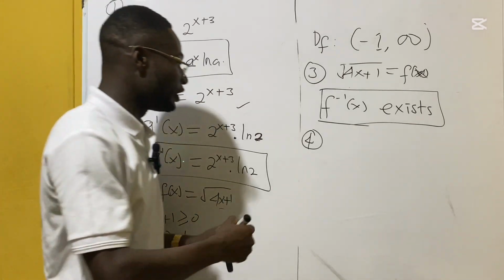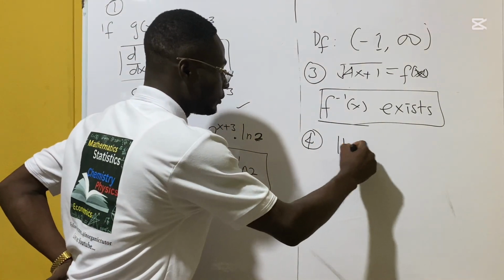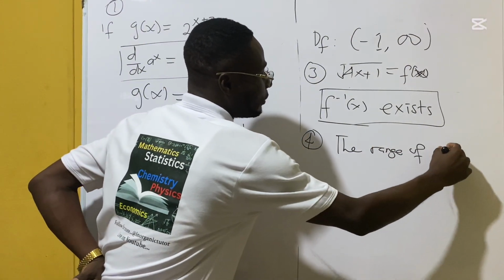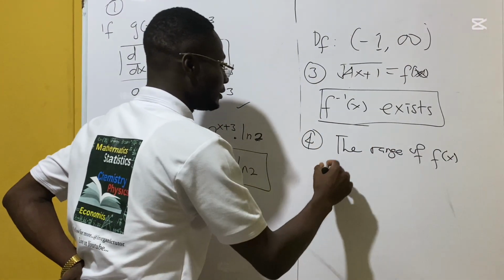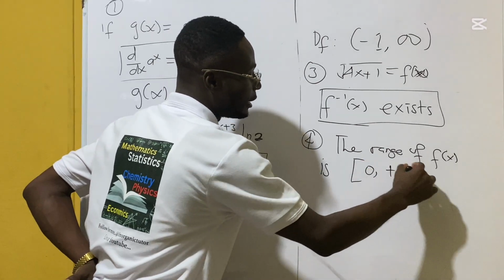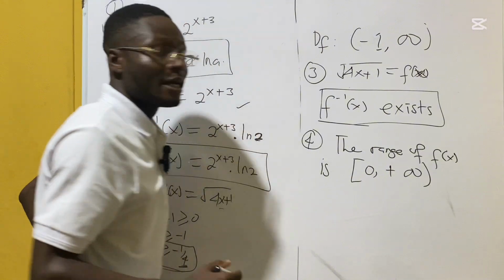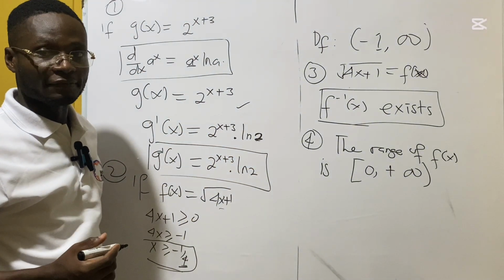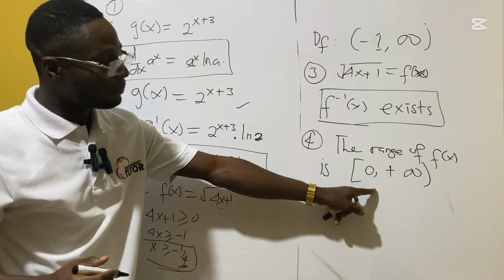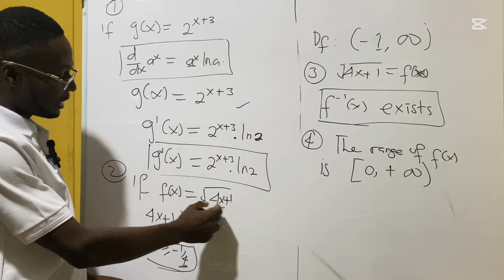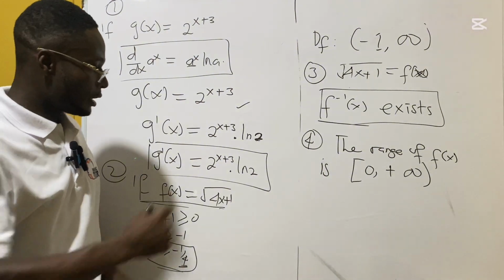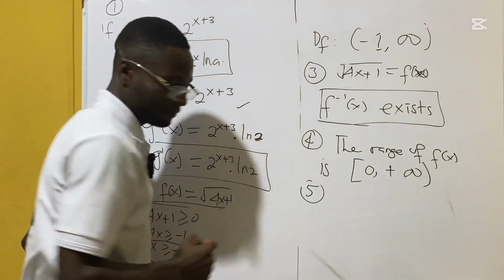So the range of f of x is 0 inclusive, then positive infinity exclusive. That becomes the range of this particular function.